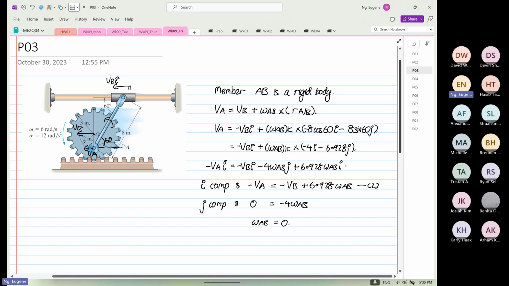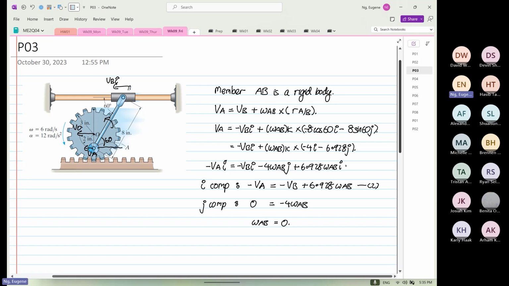Have you seen the solution manual? Yes or no? The solution manual did not do this approach. The solution manual states that the instantaneous center from point A goes to infinity. Yes or no? Right.